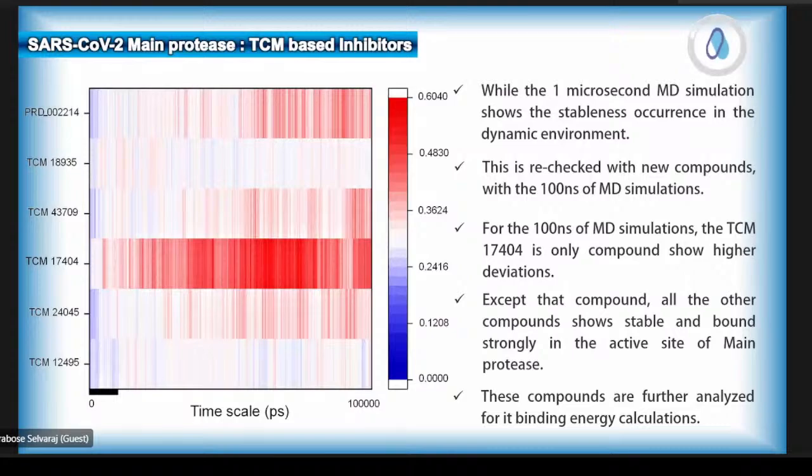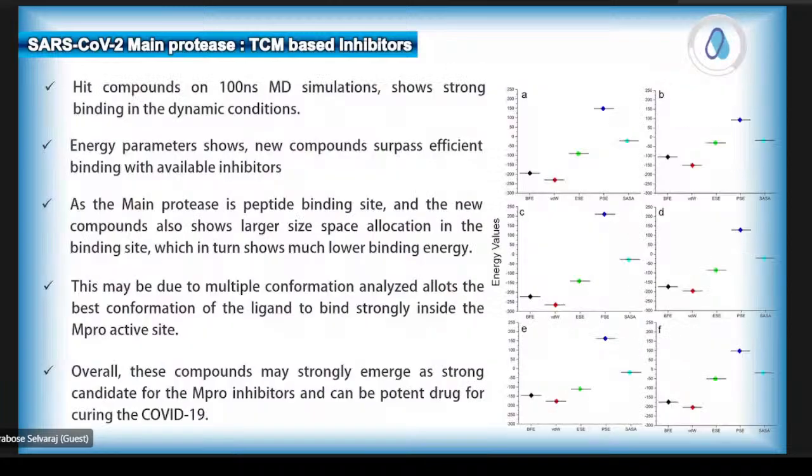And these are the energy calculation patterns, like van der Waals energy, binding free energy, and electrostatic potential energy. These are different types of energy, showing how particular molecules behave in live dynamic conditions. Because this is a dry lab and computational, we have to depend more on energy levels to find out whether the molecules work or not. We check how the binding free energy calculations show the energy levels.